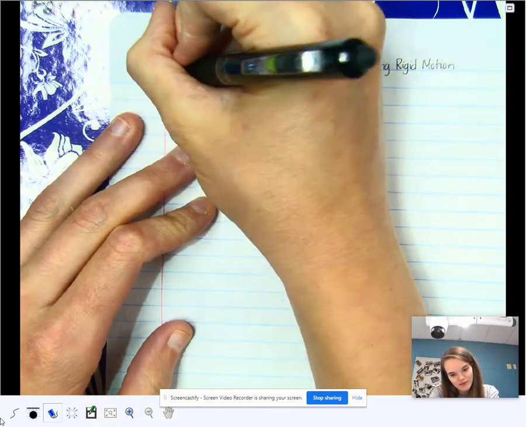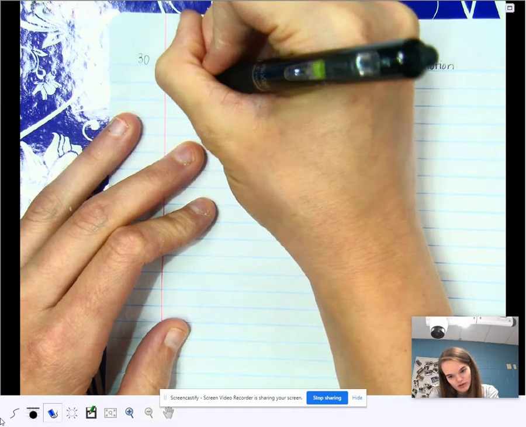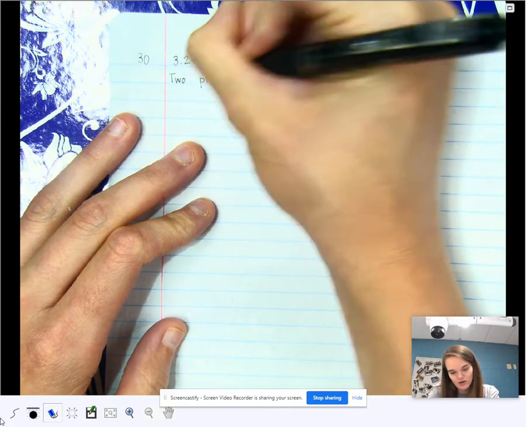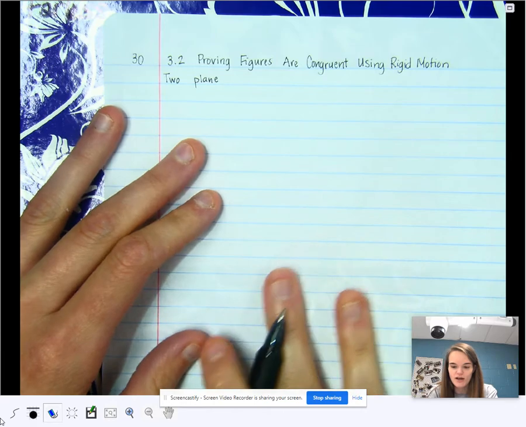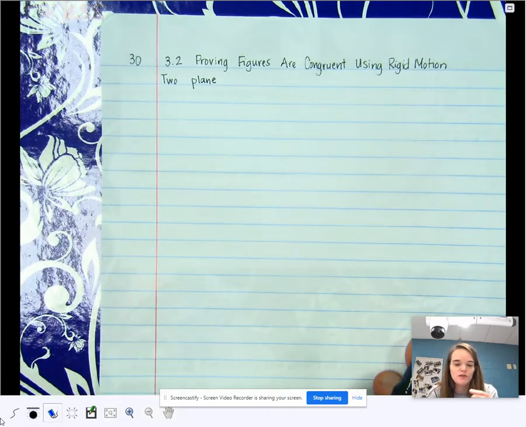Okay, two plane figures. That means anything like a square or a rectangle or a triangle, anything that's a 2D figure.